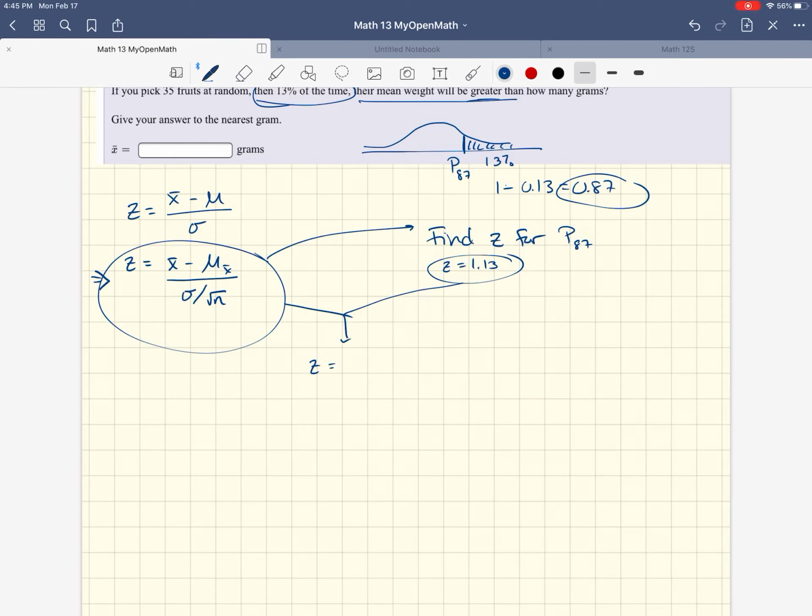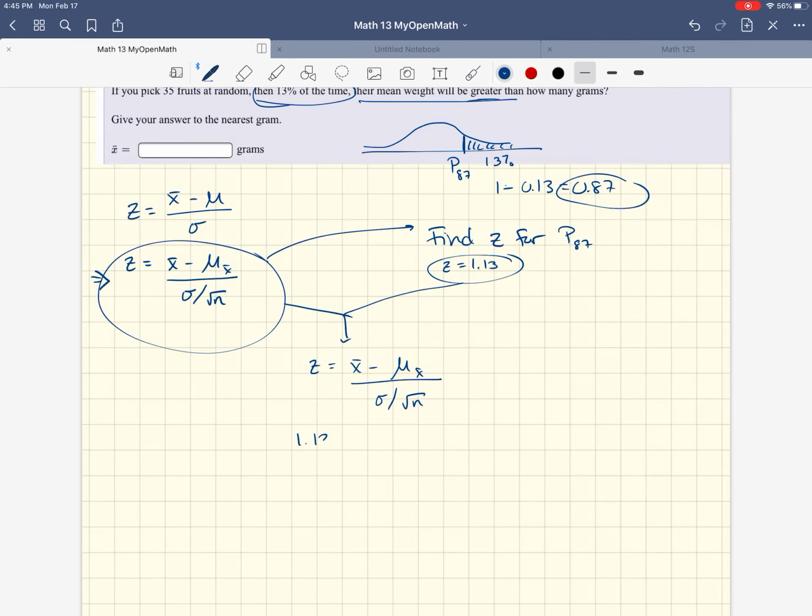So we have our formula, z equals the sample mean minus mu over the standard deviation divided by the square root of n.